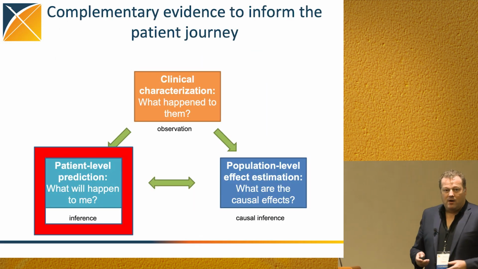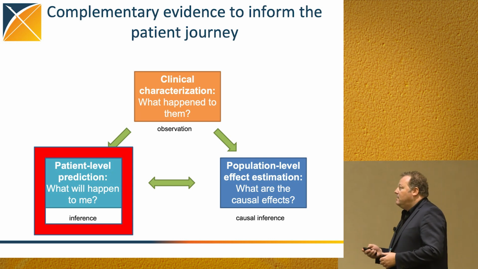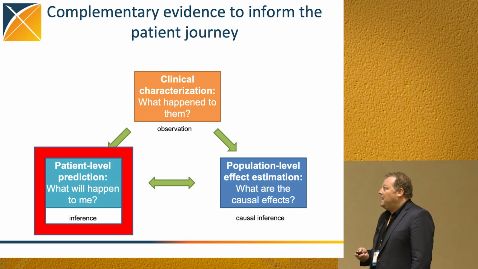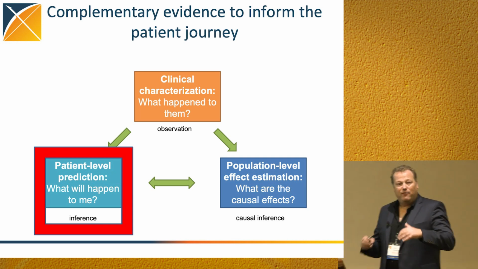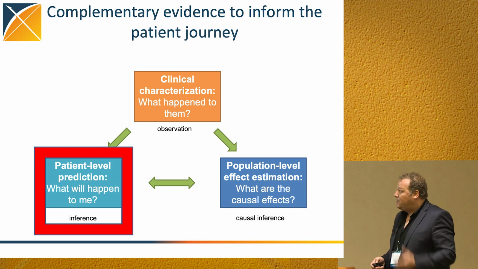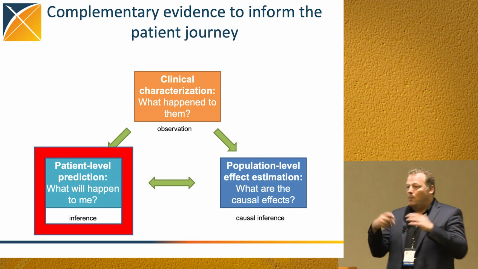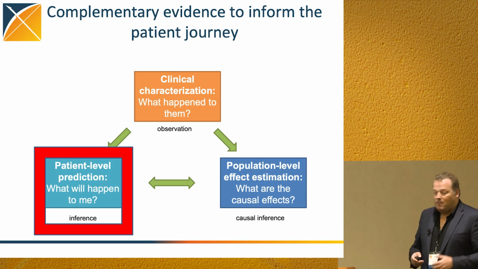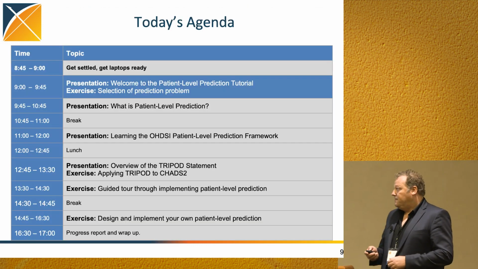Other questions are more like risk effect estimation questions, like the LEGEND story that you heard yesterday: does treatment A cause an outcome more than treatment B? These types of questions are outside of our scope here. We really focus on the prediction question. Clinical characterization is more about observing data. We like to do inference here, and what Martijn and Mark showed yesterday is causal inference, where you really do risk effect estimation.